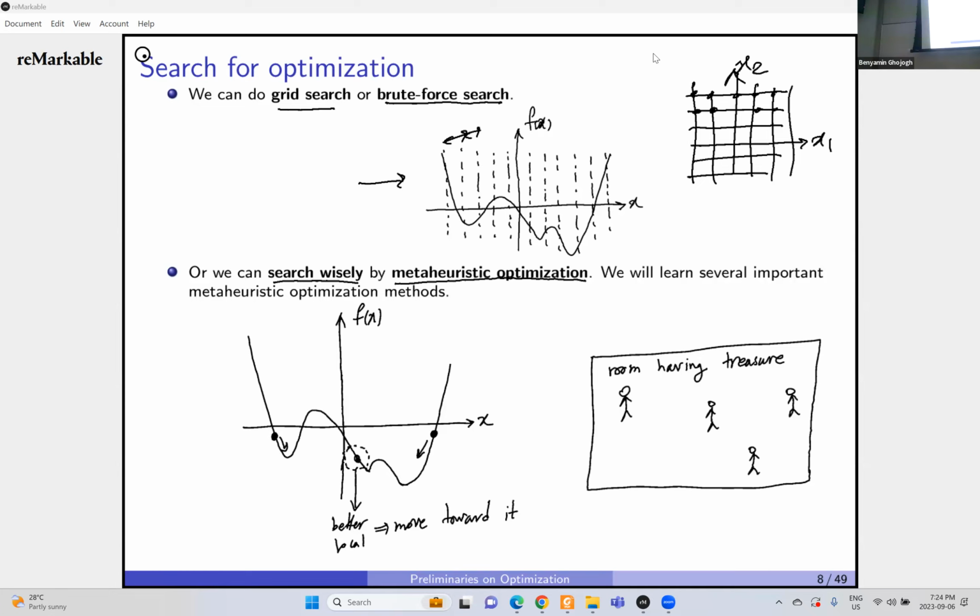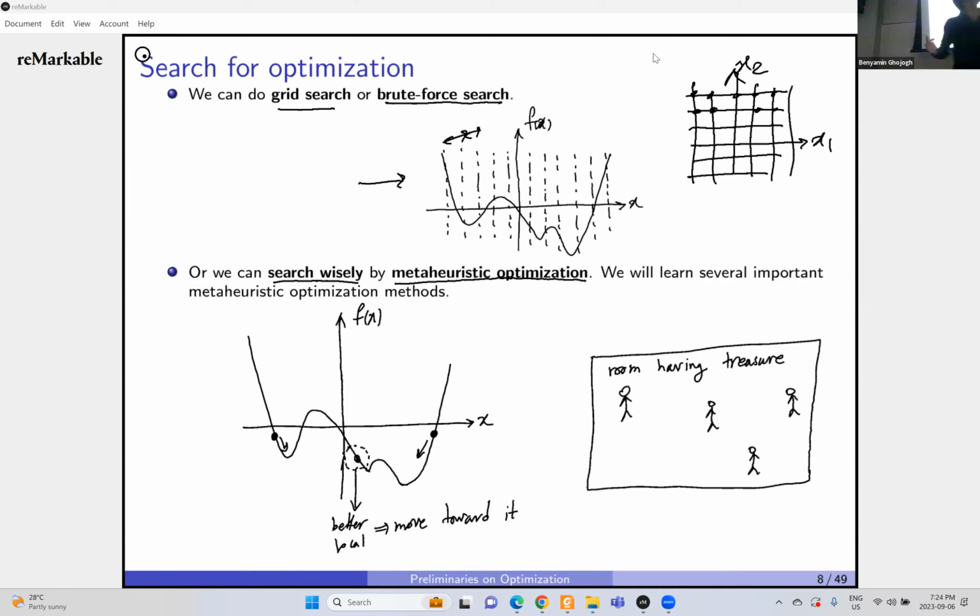Why? Because maybe there is a better treasure around here. We don't know. Therefore, we move a little bit toward that person, but not too much. You also move toward that person, but not too much. And then that person also searches locally around.